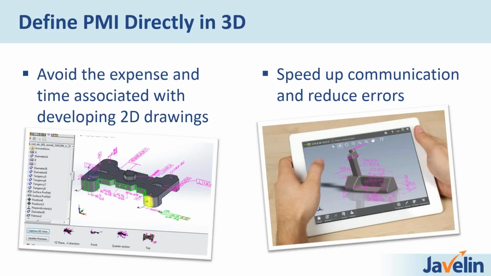Whether you decide, and I'm going to talk a little bit more about drawingless versus paperless at the end of the presentation, MBD doesn't force you to go out and buy iPads for the shop floor. If you want to print drawings, we can still print drawings. But ultimately, you've got a nice model, and however you want to communicate that, whether it's through an iPad or printing the PDFs, you can communicate that information easily. And I'll talk a little bit more about that as well.